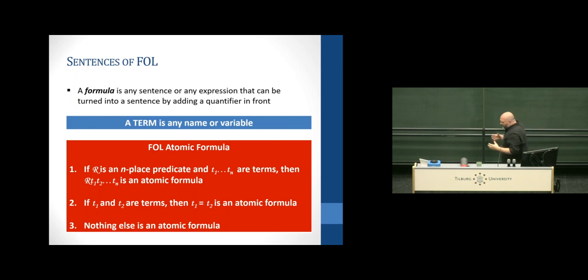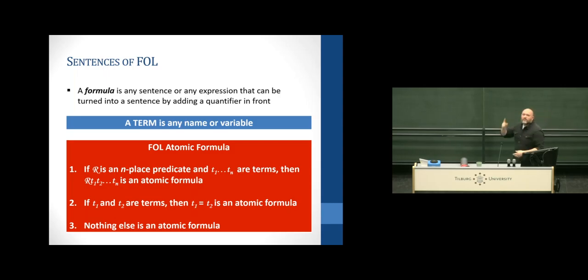Now we can talk about, when we're thinking of FOL sentences, a kind of intermediate thing. We can't go straight from expression to sentence. We have this intermediate thing that is a formula. And a formula is going to be a kind of proto-sentence. Very simply, an atomic formula is an n-place predicate with n number of terms.